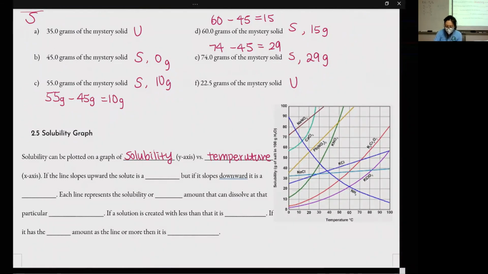If the line slopes upwards, the solute is going to be a solid. But if it slopes downward, it is going to be a gas. The line represents the solubility, or the maximum amount that can be dissolved at that particular temperature.